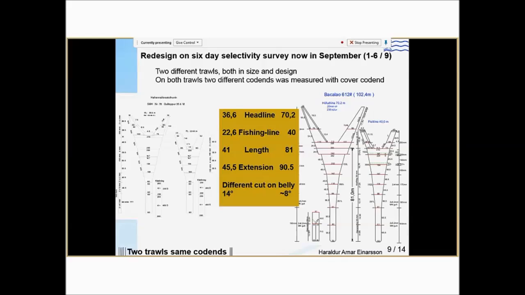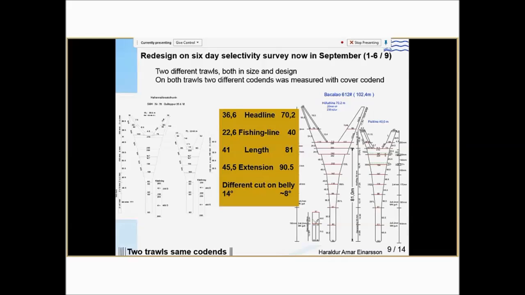The extension is this small part here, after the belly and to the beginning of the codend. It is 45.5 meshes in length, about half of the length of the codend. But the extension in this trawl here is 90.5 meshes in length. That is the same length as the codend.